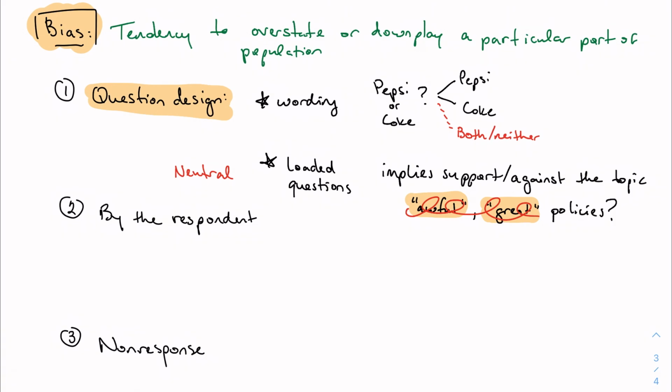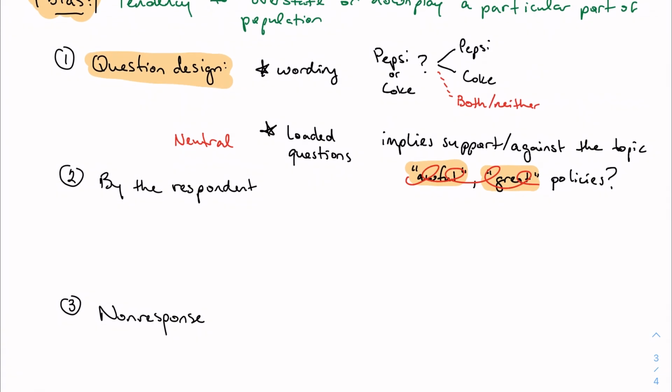So the next form of bias is bias by the respondent. And this one is maybe a little more obvious than you might think. The simple principle behind it really comes down to personal questions, right? We want to be careful with personal questions. Things like weight, people have a tendency to actually answer lower than is true, maybe sometimes higher, depending on their perception of themselves.